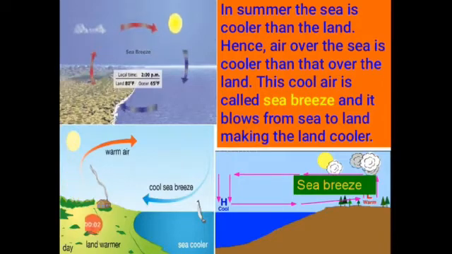In the summer and during the days, the hot air above the land creates low pressure and rises above, and to fill the empty space created by the rising wind, the cold wind from the nearby sea blows toward the land and makes the land cooler.